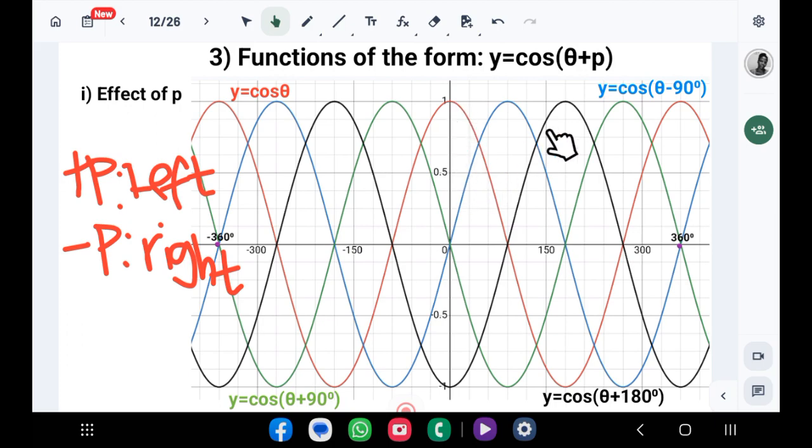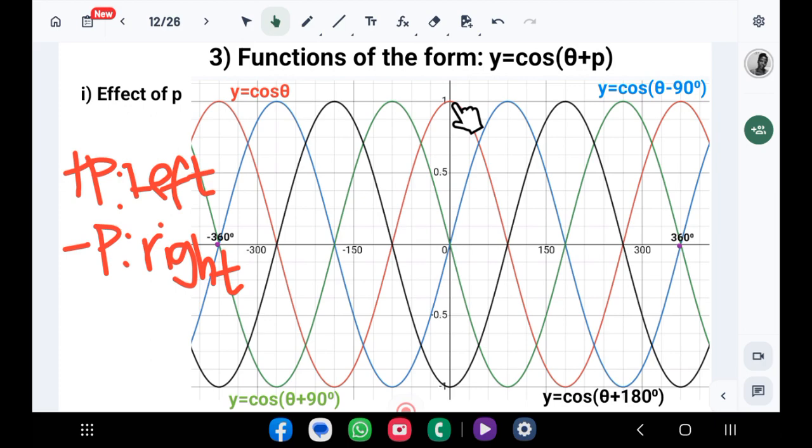Now let's look at y equals cos of theta minus 90. This graph is a shifted graph of cos of theta, 90 degrees to the right, because you've got a minus there. Minus means to the right, so from the red graph, which is the reference, we count 90 degrees to the right.